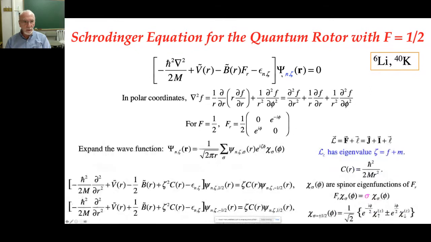We do so by solving this problem in a certain basis set, where, again, there's a good quantum number zeta, which is the projection of the total angular momentum of the atom on the z-axis. And there's a principal quantum number over here, which gives you the radial motion of the atom.